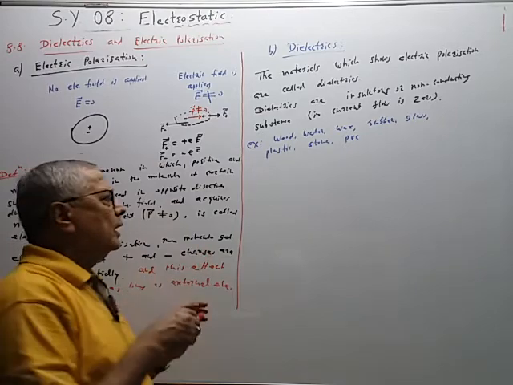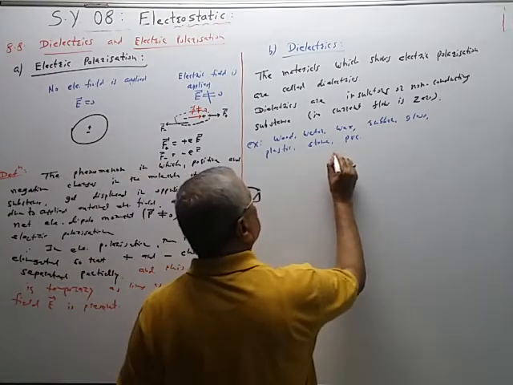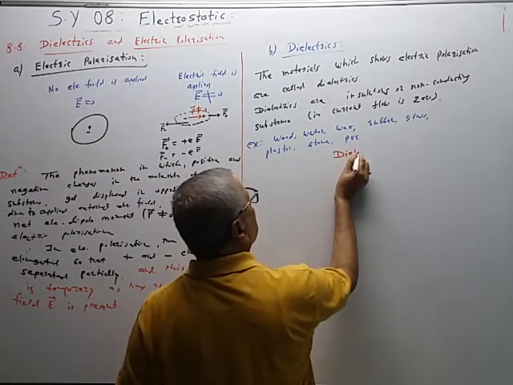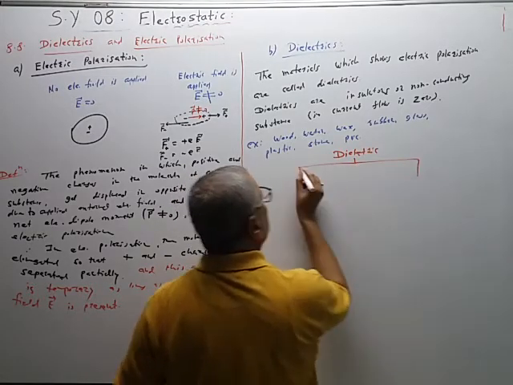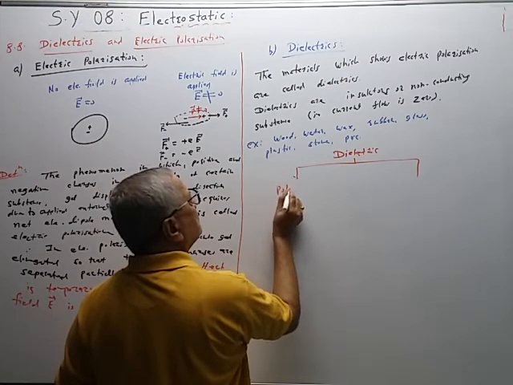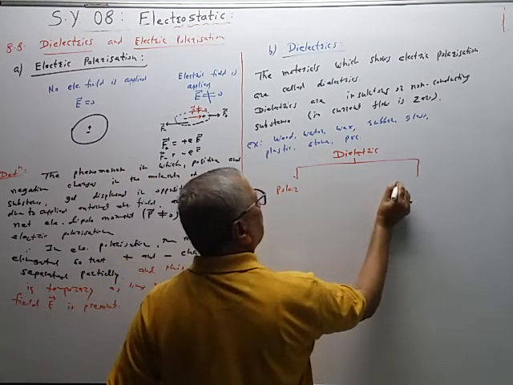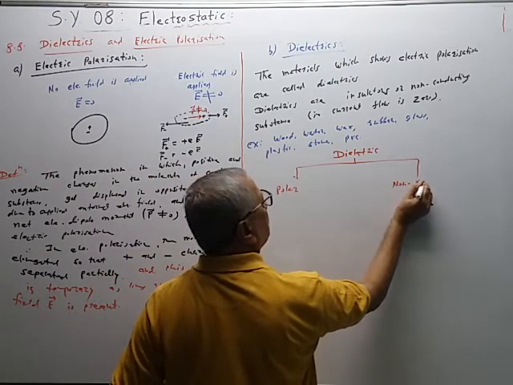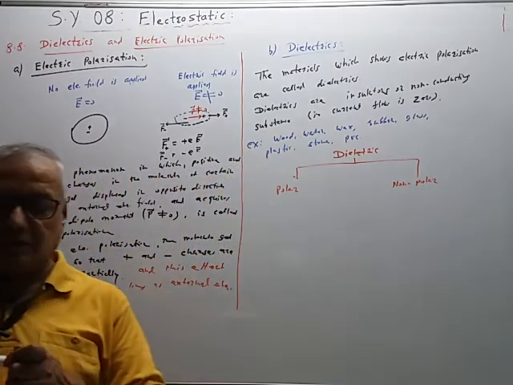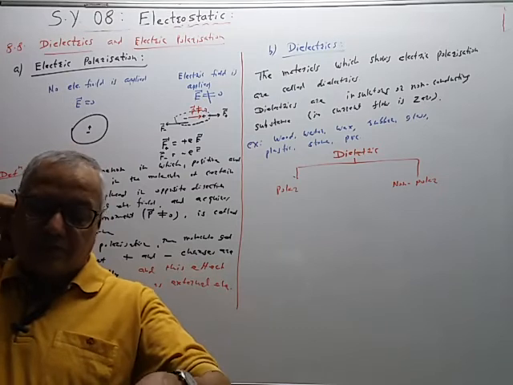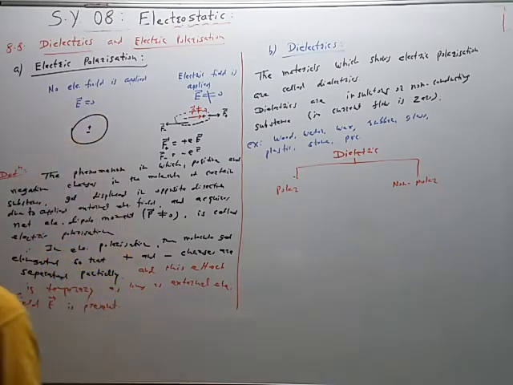Now again, dielectrics are further classified into two types: polar dielectrics and non-polar dielectrics. So we have to see these two types in detail. What is meant by polar dielectrics?